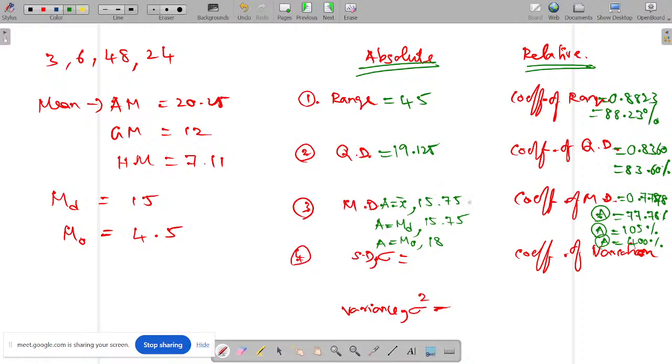See, if this happens to be 15.75, then the mean deviation divided by A, right?